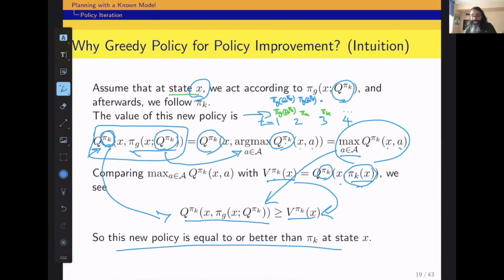But actual policy improvement says that not only at the first time step, but at all other time steps, I follow the greedy policy.